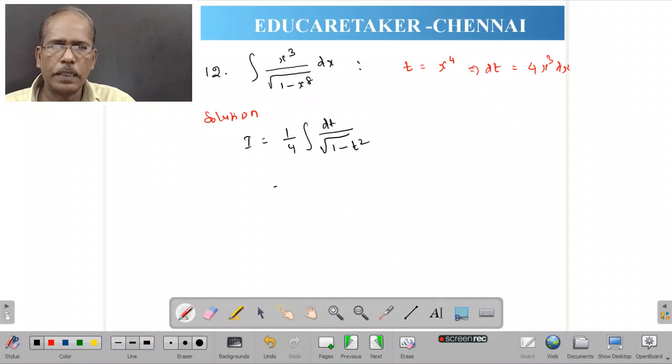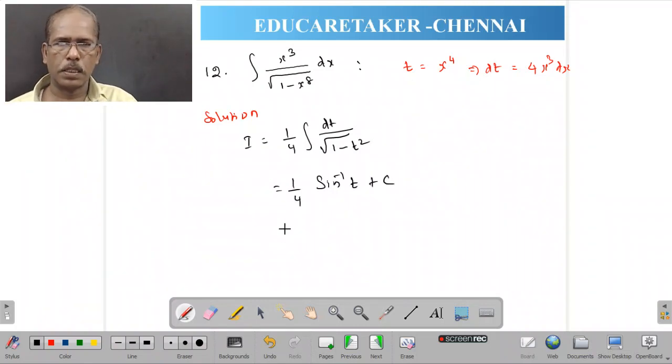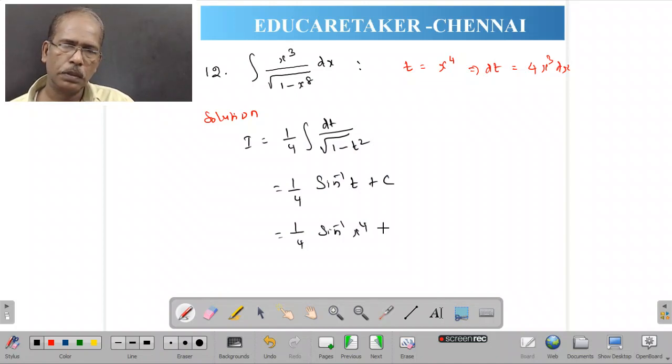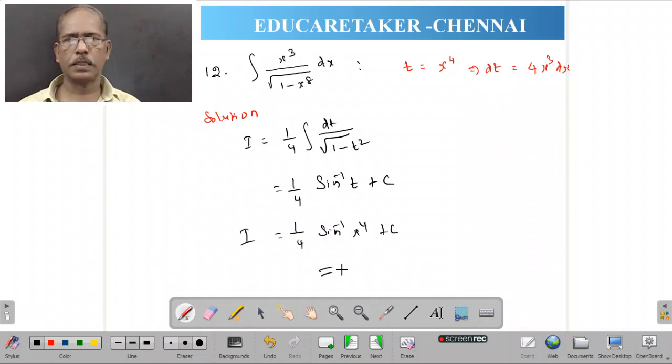This is a direct formula: sine inverse of t with the integral constant. The final answer is always in terms of the given variable, and t is x power 4, with the integral constant. You can copy it. This is the answer.